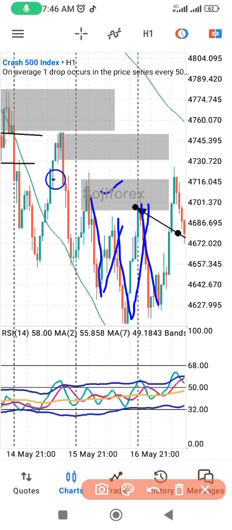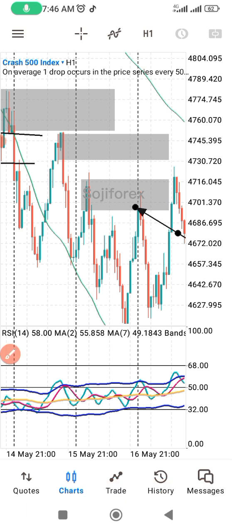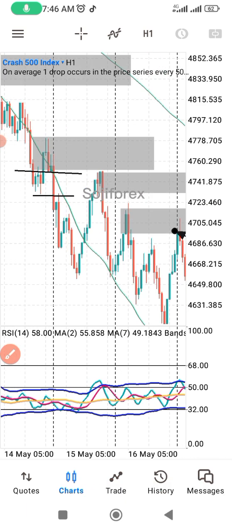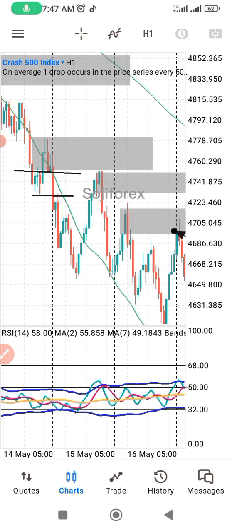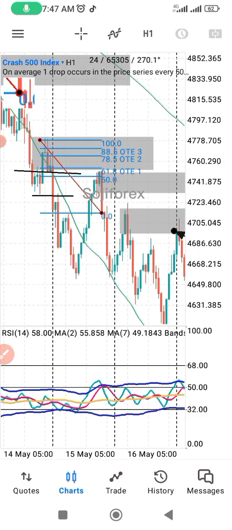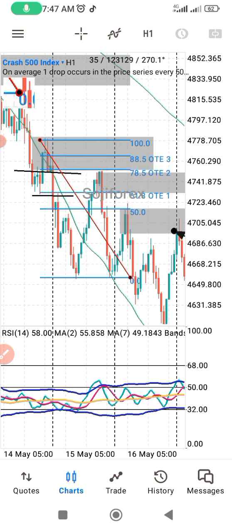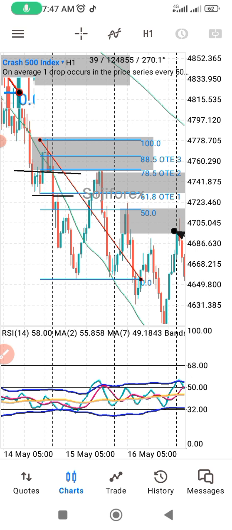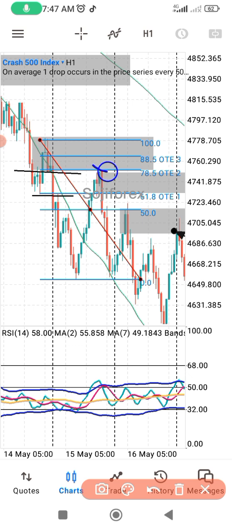Look at this one, there's an imbalance here. So this one moved up to fill in this imbalance. So I will mark my order block, and possibly I'll pick up my Fibonacci tool and fib my levels, and you can see here price pulled to 78.5 and it plays out safely.